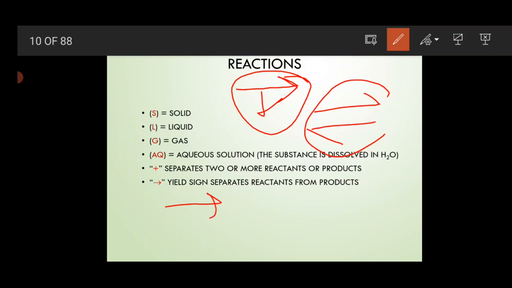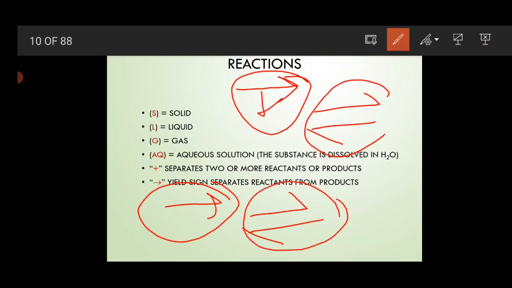When you get a single arrow, it shows an irreversible reaction, meaning reactants are getting converted into products. And when you get this other kind of sign, it is a sign of a reversible reaction, meaning the reactant is getting converted into product, but at the same time the product is also getting converted back into reactant. So these two types of arrows we usually see in chemical reactions.